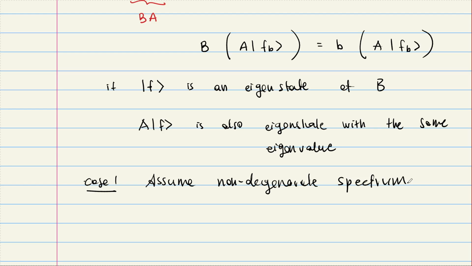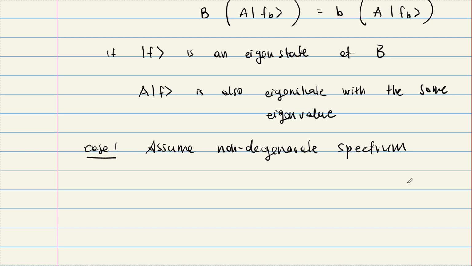If the spectrum is non-degenerate, and f is an eigenstate with eigenvalue B, then A times f, if you hit an eigenstate with an operator, you get another eigenstate. But if it has exactly the same eigenvalue, what does it tell you?